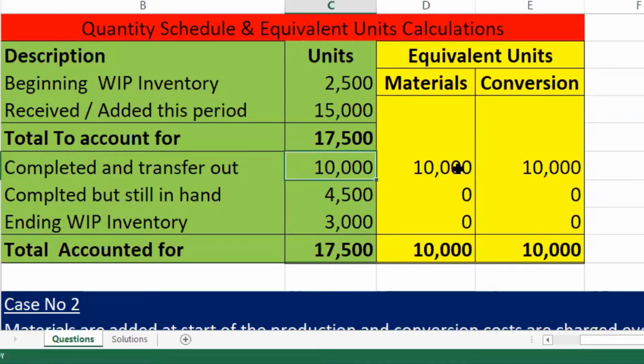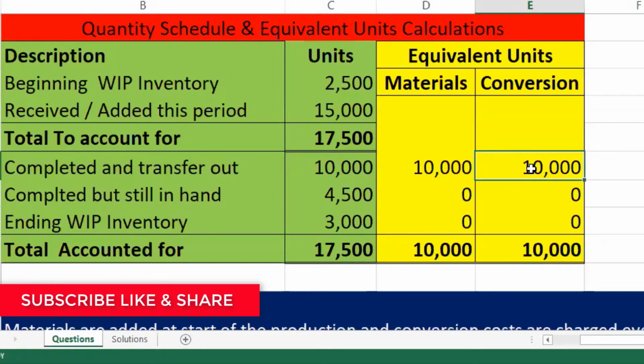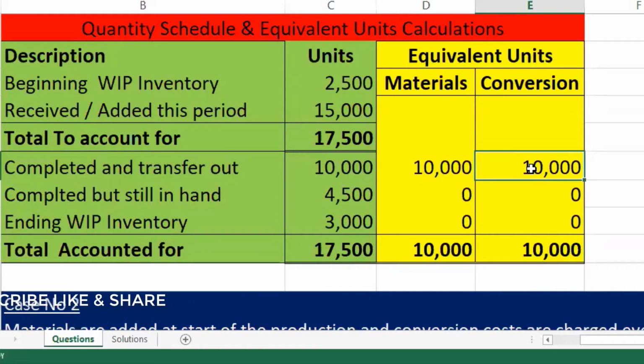So 10,000 multiplied by 100%, we will get 10,000. And with respect to conversion, these 10,000 units have been completed and have consumed all the labor costs and all factory overheads. So that's why they are 100% complete with respect to FOH and labor.